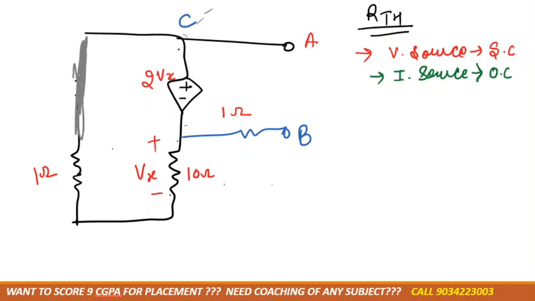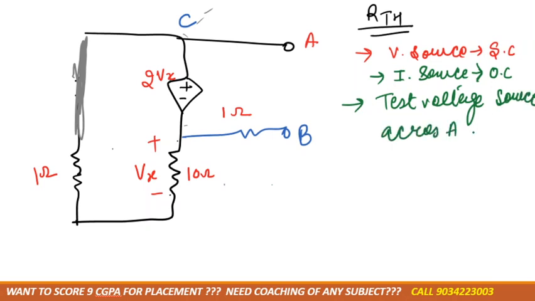No current was flowing across that. So now next step, we have to place a test voltage source across A and B. This is only for the dependent source question for calculation of RTH, Thevenin resistance.